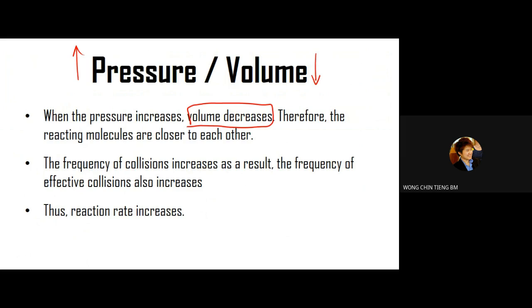Macam mana kawasan saya boleh jadi kecil? Pressure. Betul? Kamu tekan dia, dia akan jadi kecil. When you press, you put pressure on it, then the volume will decrease. That's why, when the pressure increases, the volume will decrease.